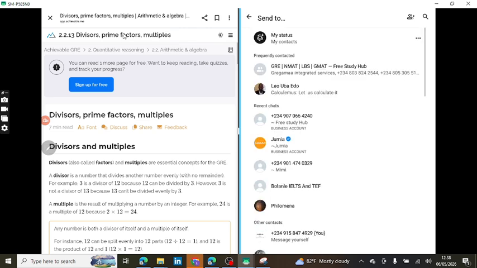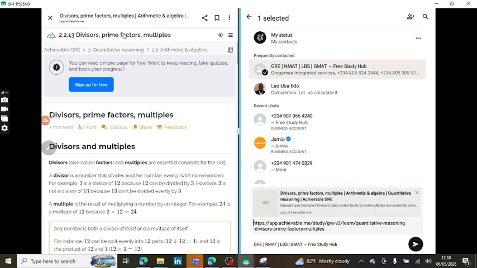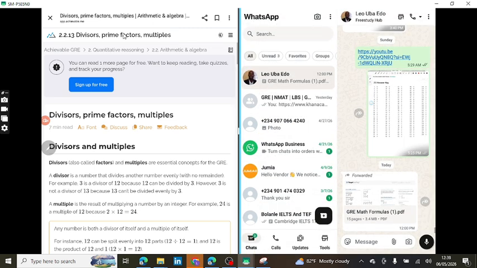I think you can practically do prime factorization. Do you need to practice prime factorization? I don't think so. You can practically get prime factorization correctly.